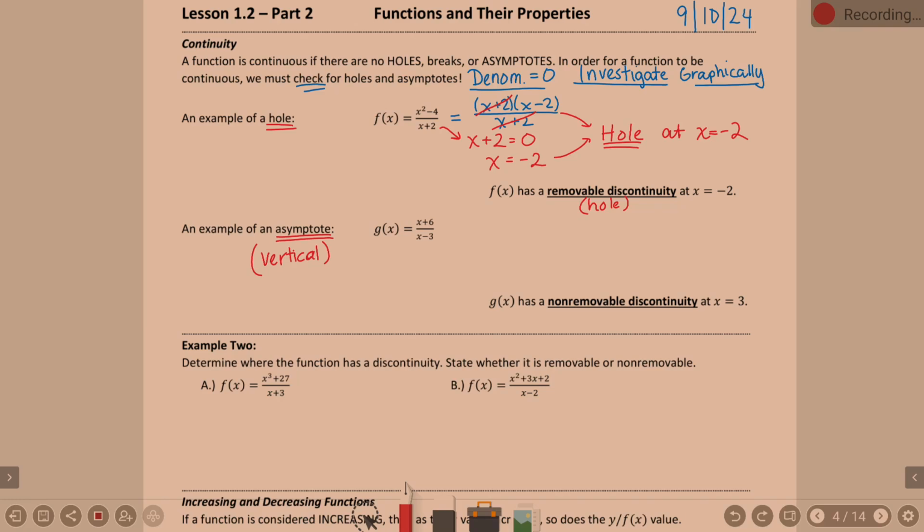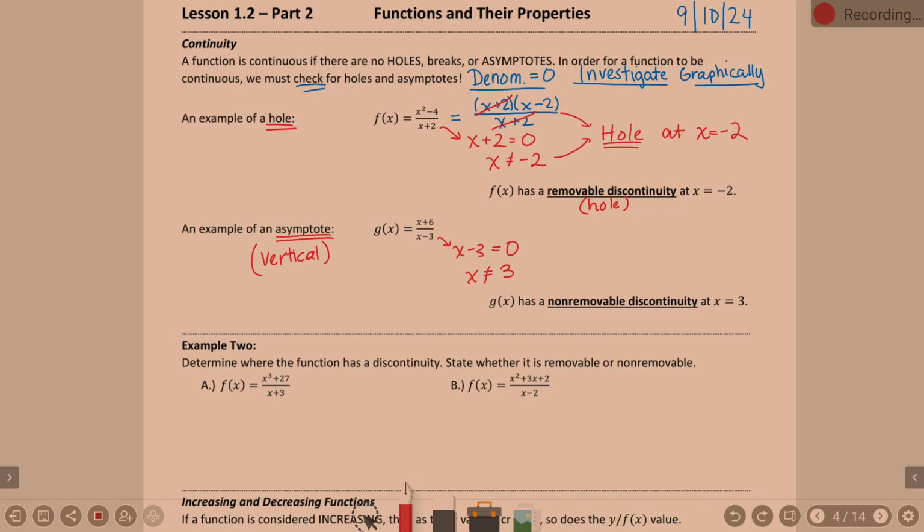Again, it's the denominator equal to 0. If I set my denominator equal to 0, x minus 3 equals 0. Add the 3 over, x equals 3. Technically it's where the denominator equals 0, so it's the same thing we talked about yesterday, that x cannot equal 3 and x cannot equal negative 2.